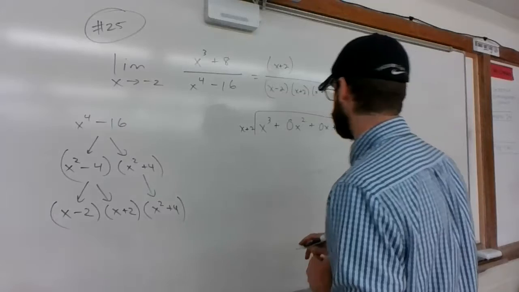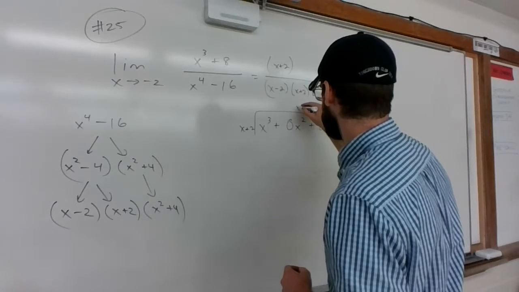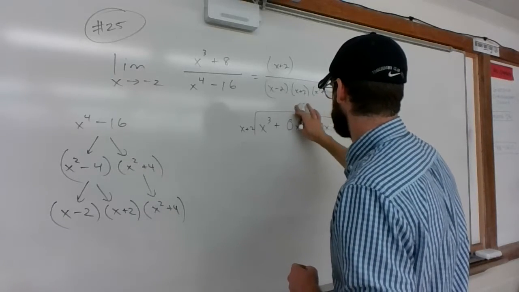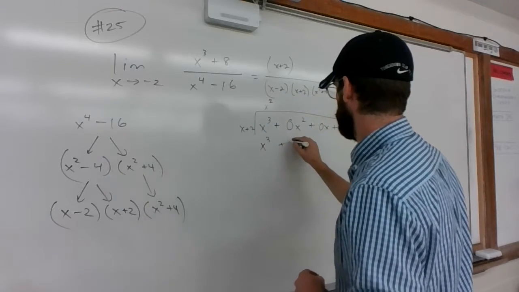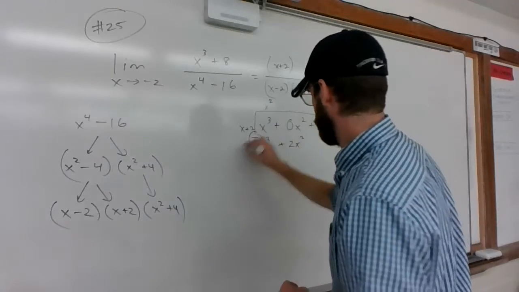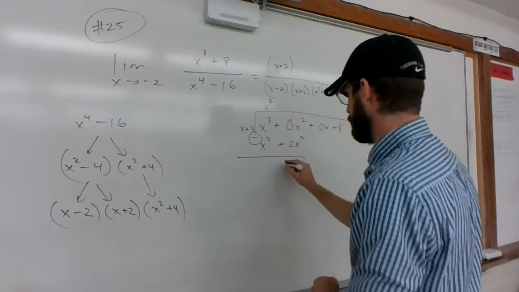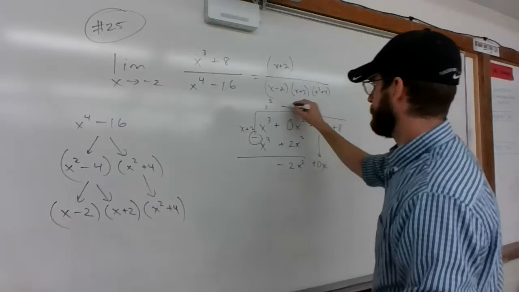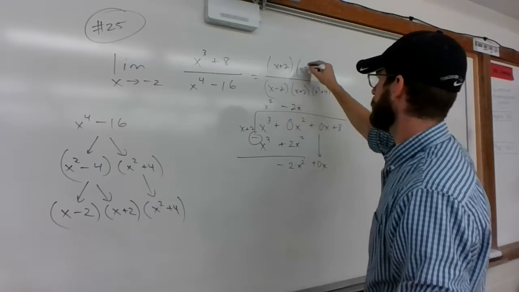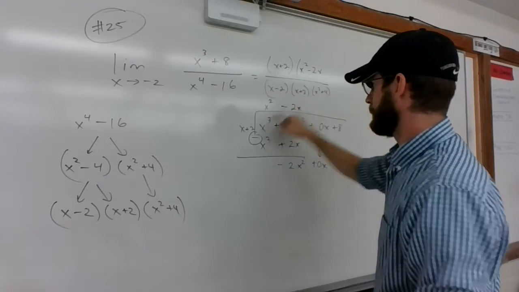It comes out to be x squared, 0 minus 2 is negative 2x squared. Drop your 0x. Minus 2x. Okay, so it's x squared minus 2x.